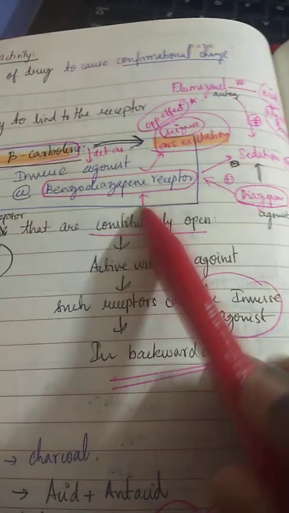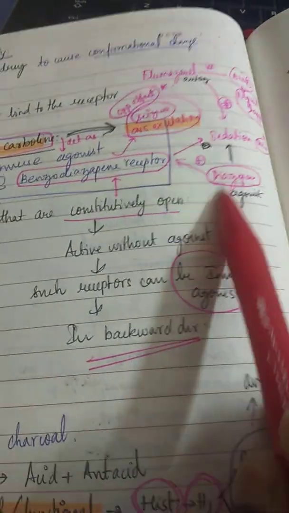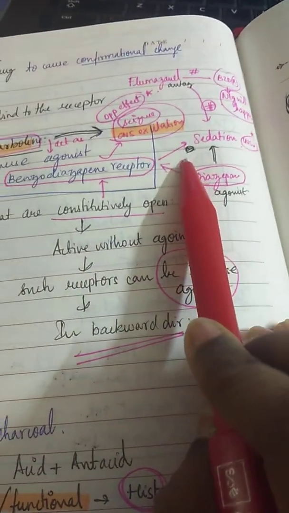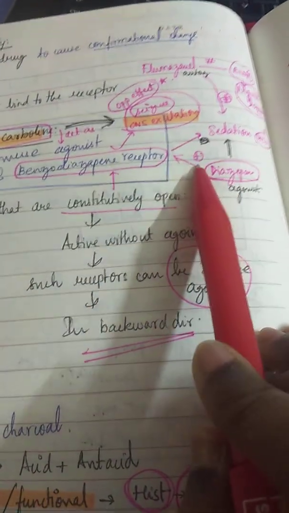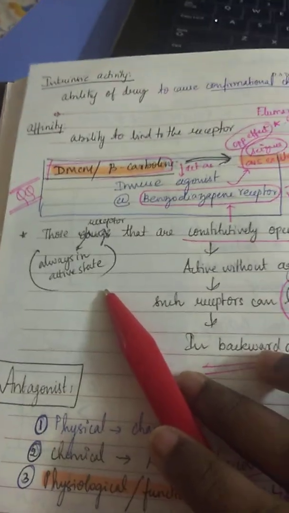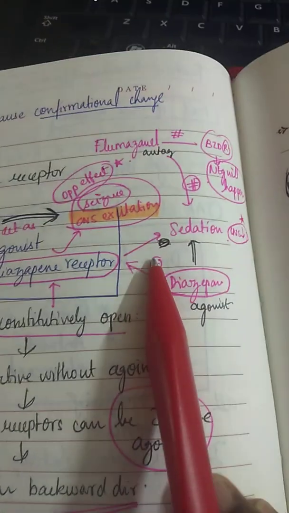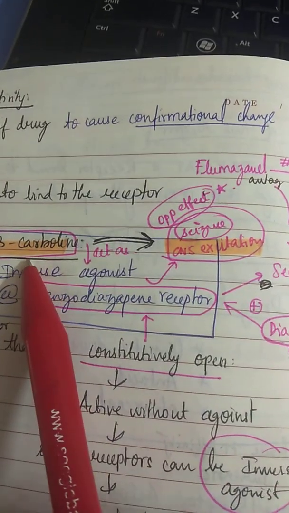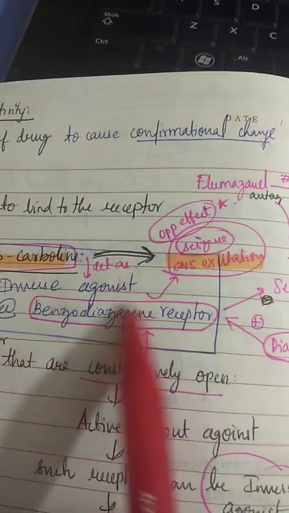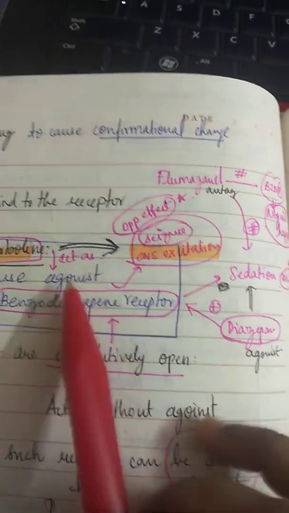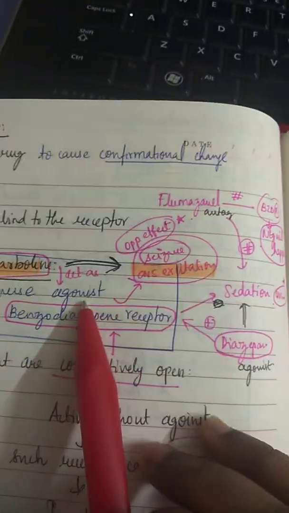Now, on the benzodiazepine receptor, diazepam is an agonist, so it will cause sedation, because it causes CNS depression. But when you give a beta carboline, it will cause CNS excitation, seizure. So it will produce an opposite effect.